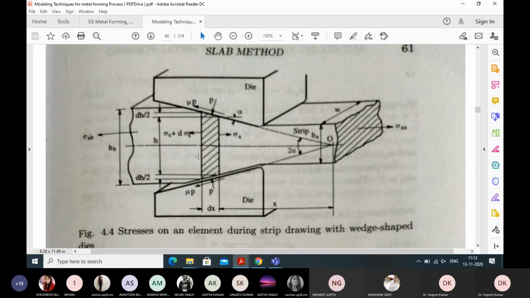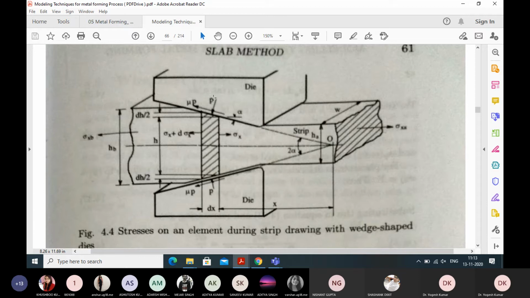Now we will try to find out the force equilibrium in this strip. In the x direction you have forces sigma x and sigma x plus d sigma x. Now we have stresses P and mu P, so we have to find their components in the x direction, since we are taking equilibrium in the x direction.